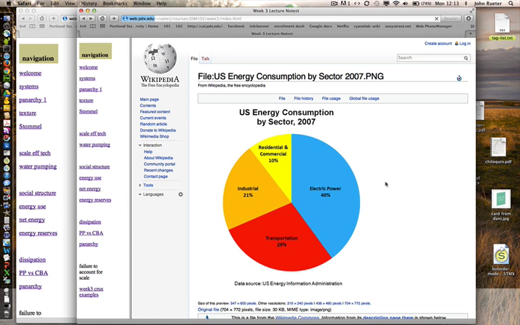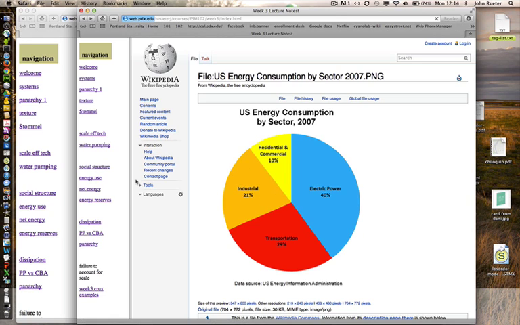just this graph on energy consumption in the United States shows these general things. 40% is used for generating electric power, 29% for transportation, 21% in the industrial sector, and only 10% in the residential and commercial. That means sort of like the buildings to maintain those. And we can explore this a little bit more and find out what is in each of these sectors, so it makes sense.